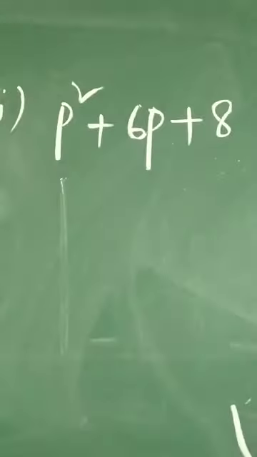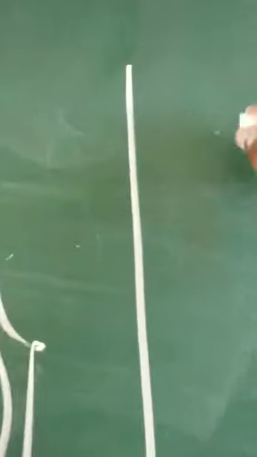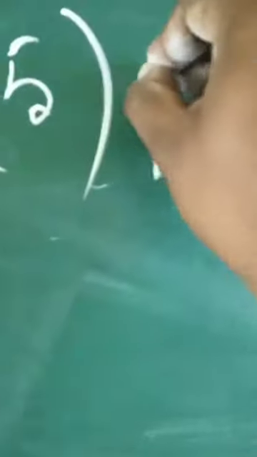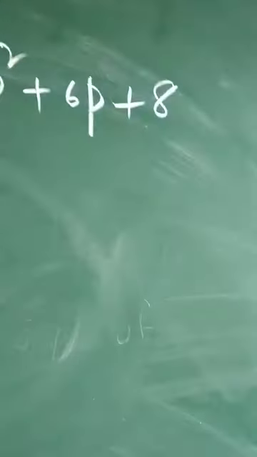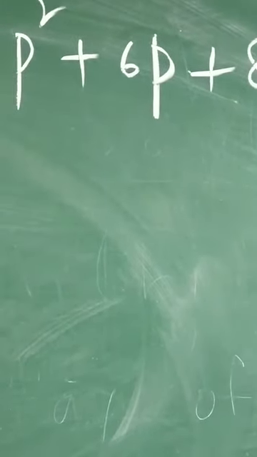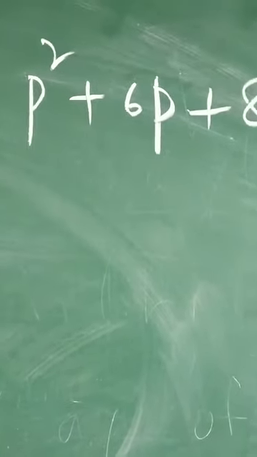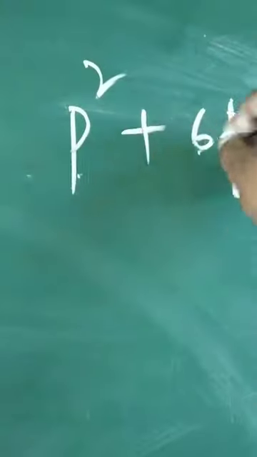Now, here is p square. I'm going to start question number 5.1. 5.1 is p square plus 6p plus 8. Children, this is all about middle term factorization. Now we are going to introduce another new concept, that is middle term factorization. What is middle term factorization? We have to factorize. There are three terms, 1, 2, 3.